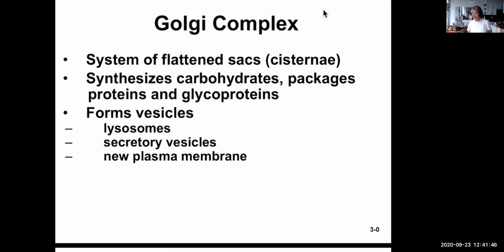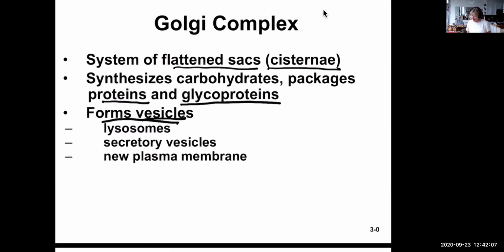The Golgi is also a flattened sac, so cisternae. They take the proteins that were made in the endoplasmic reticulum and they package them up. They add carbohydrates to them to make them glycoproteins, and they form vesicles.